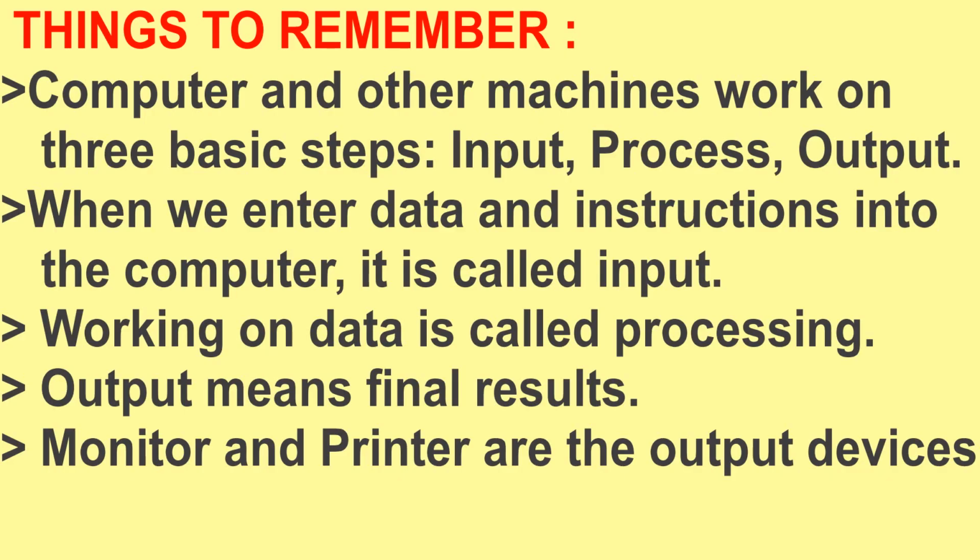Dear students, these are the things to remember from this video. Computer and other machines work on 3 basic steps. What are they? Input, process, output. Second, when we enter data and instruction into the computer, it is called input.